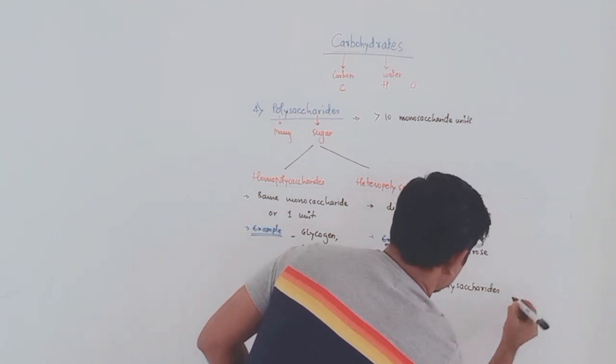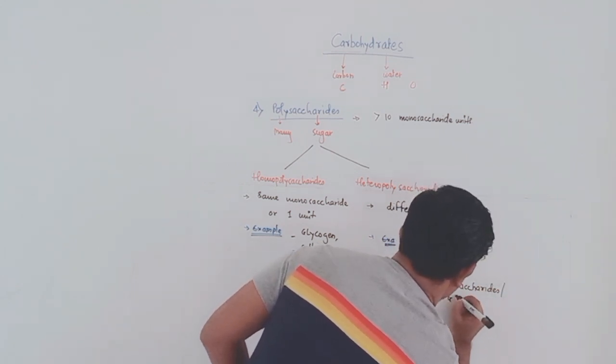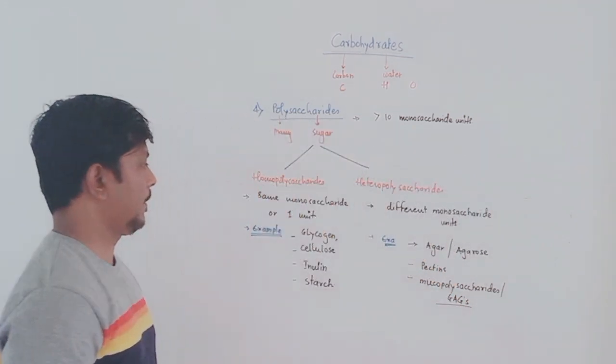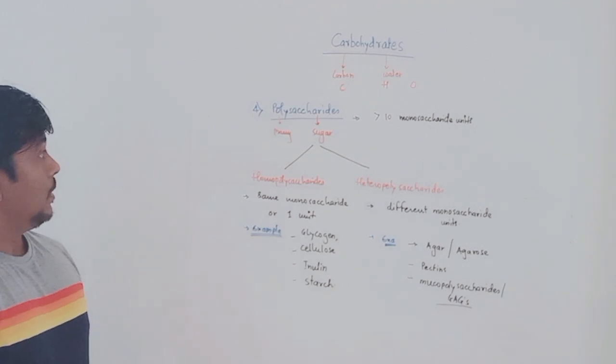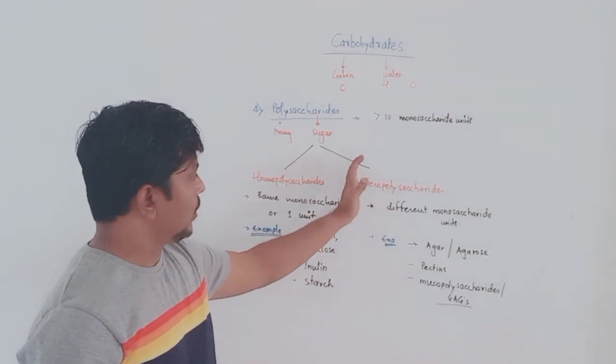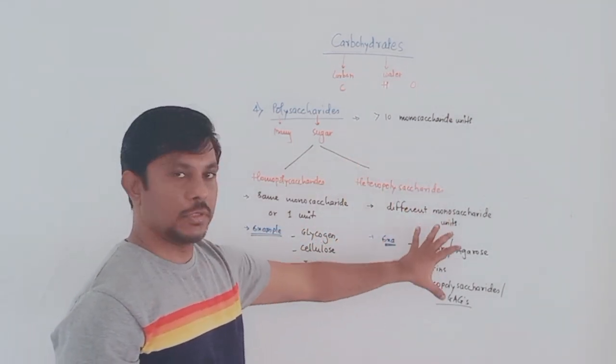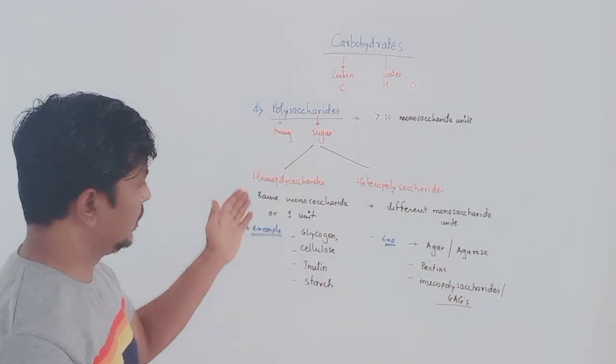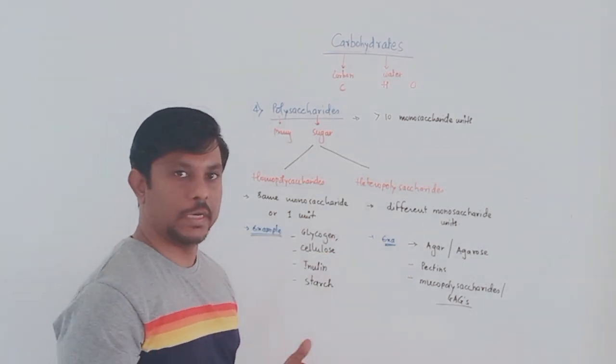Mucopolysaccharides are also called glycosaminoglycans. In this video, we are not going to cover the heteropolysaccharide part. We are going to only talk about the homopolysaccharide part. And in the next video, I will continue with the heteropolysaccharides.